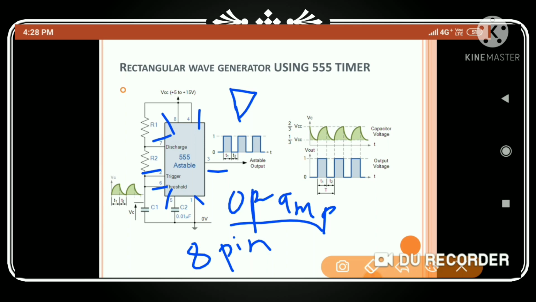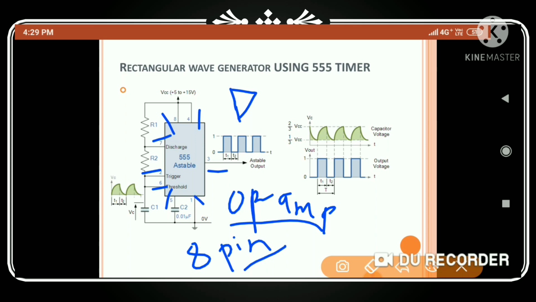You can use op-amps or you can use transistors. Both work the same, but you have to study. In the 5th semester you studied the transistor. In this semester you have to study op-amps, not transistors. Okay, so here you use the op-amp, the operational amplifier, which has an 8-pin configuration.